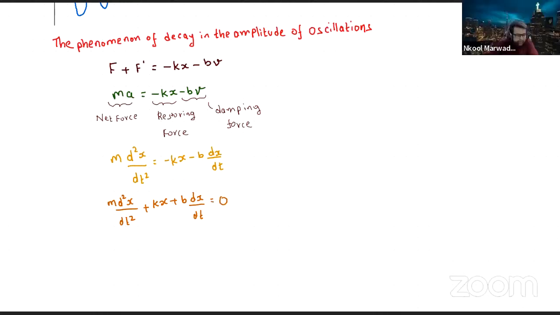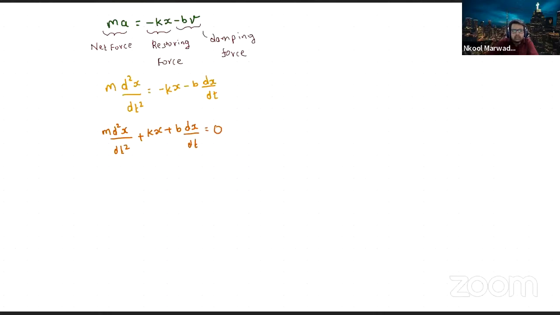Now I can further refine it, because I am trying to make a differential equation of second order. So I am dividing both sides by mass m.